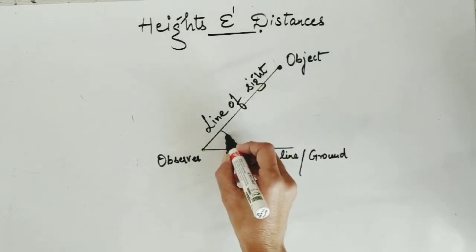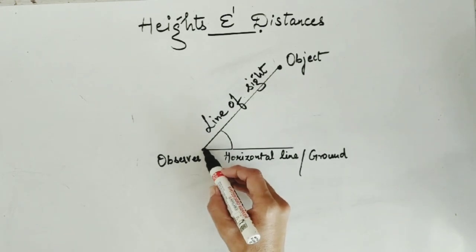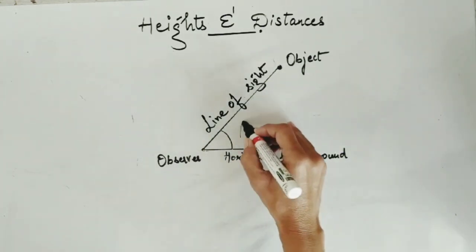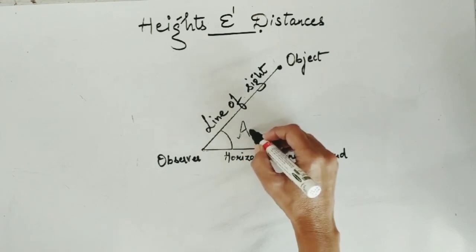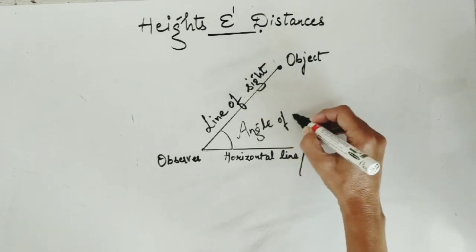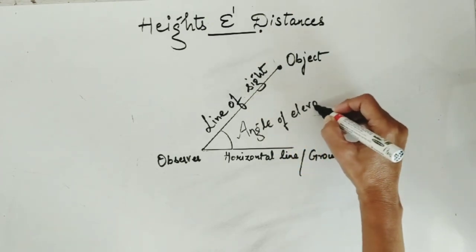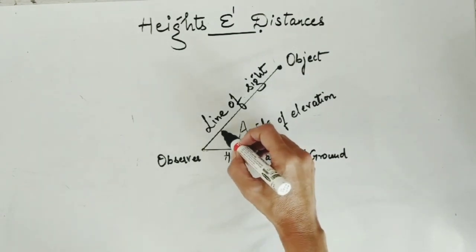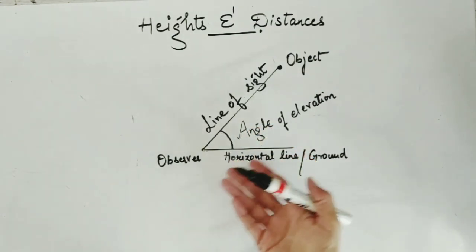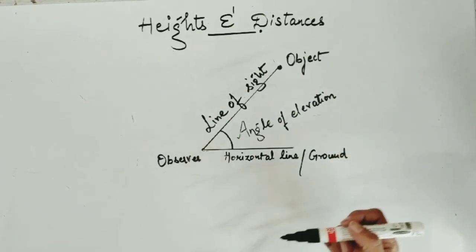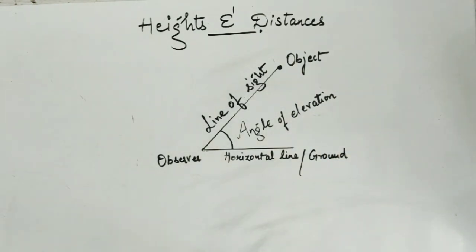The angle which is formed between the line of sight and the horizontal is called angle of elevation. Very important. Angle of elevation is formed when the observer has to look up towards the object, raising his head to view the object.